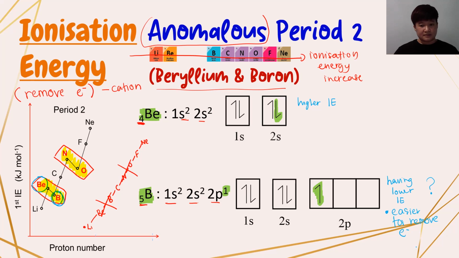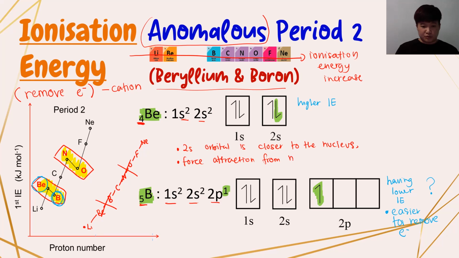The question is, again, why is it easier to remove this 2p electron? This is because the 2s orbital is closer to the nucleus. Therefore, the force of attraction from the nucleus to the 2s orbital is stronger.